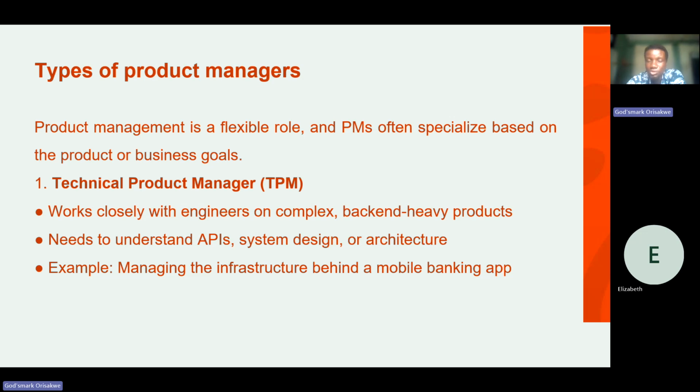Carbon is a fintech app focused on giving loans. We can integrate these platforms. We can get an API from them. So at checkout, when the user is about to pay, you see an option, pay with Carbon. That's what the user will see on his end. But on the software side, I've done the necessary thing to be done. So a technical product manager knows how this thing is built and can guide engineers more closely.